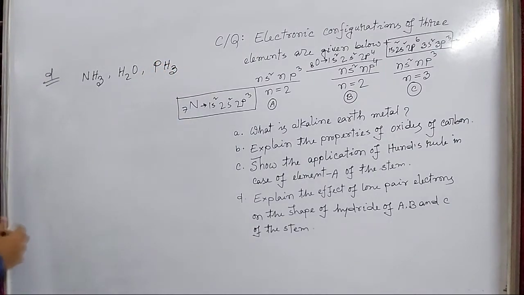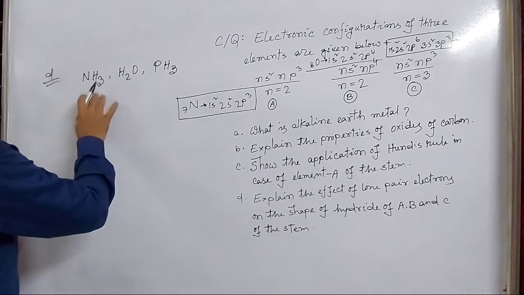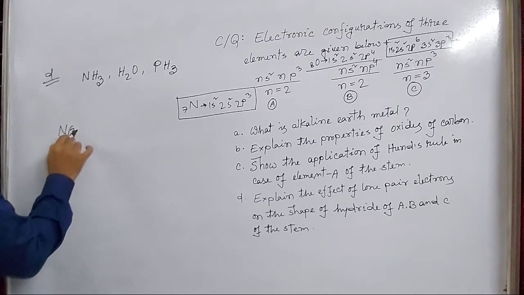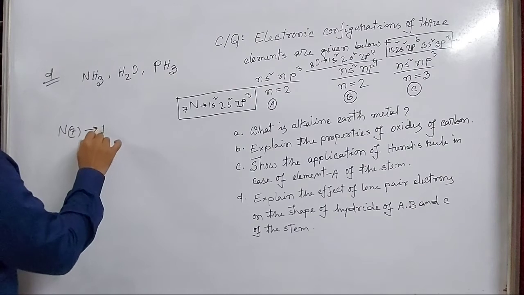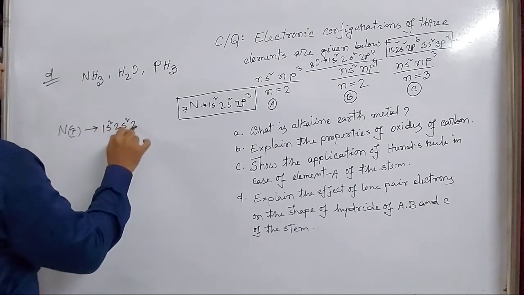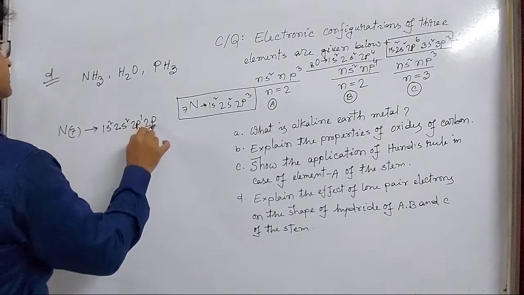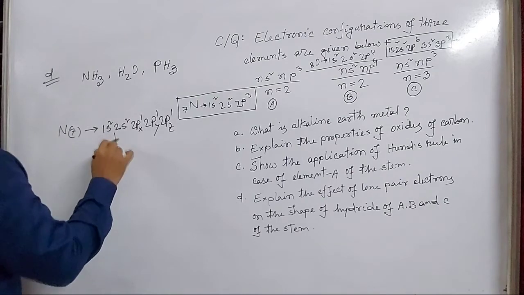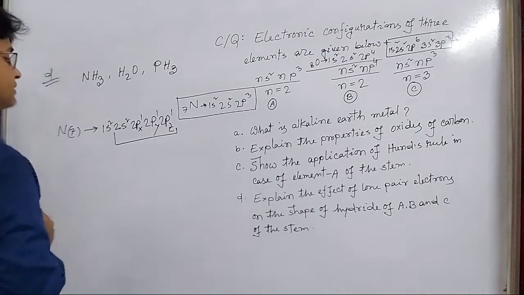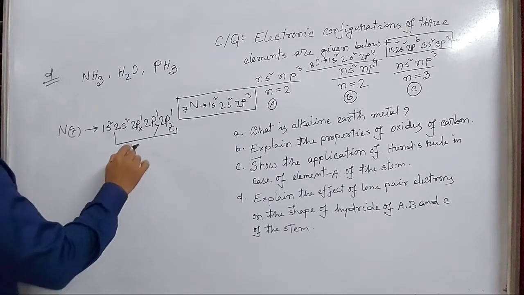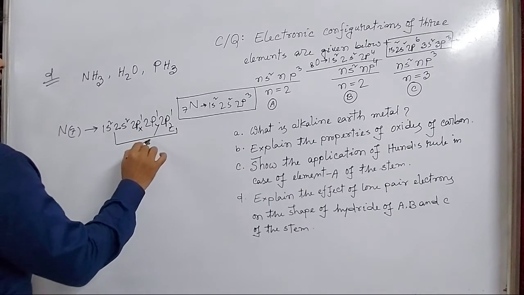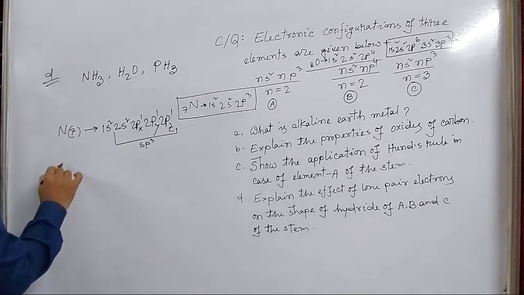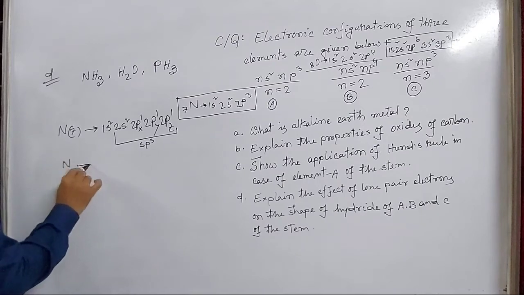Dear students, first I would like to show you nitrogen. The electronic configuration of nitrogen is shown here. One spherical s orbital combines with 3 dumbbell-shaped p orbitals to form sp3 hybrid orbitals. In this case, 4 sp3 hybrid orbitals are formed.